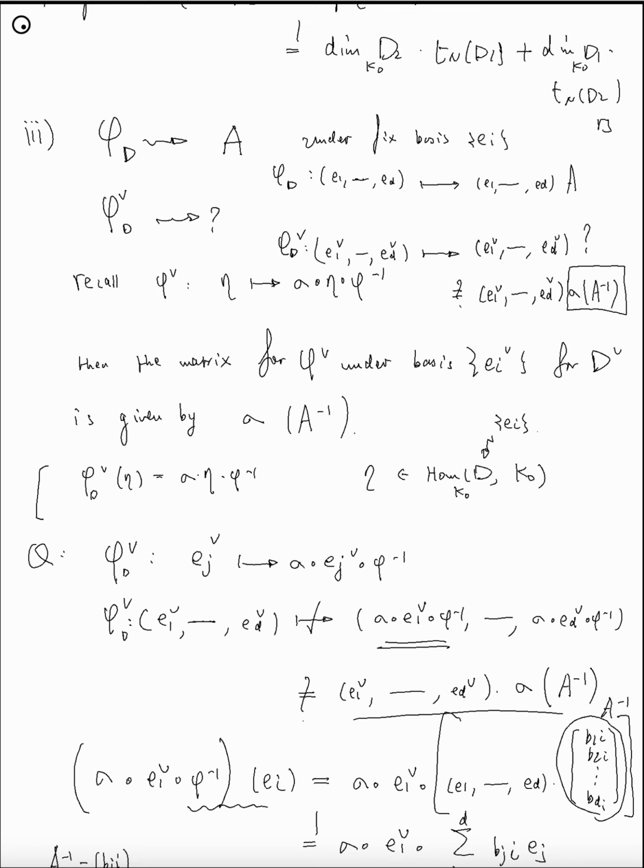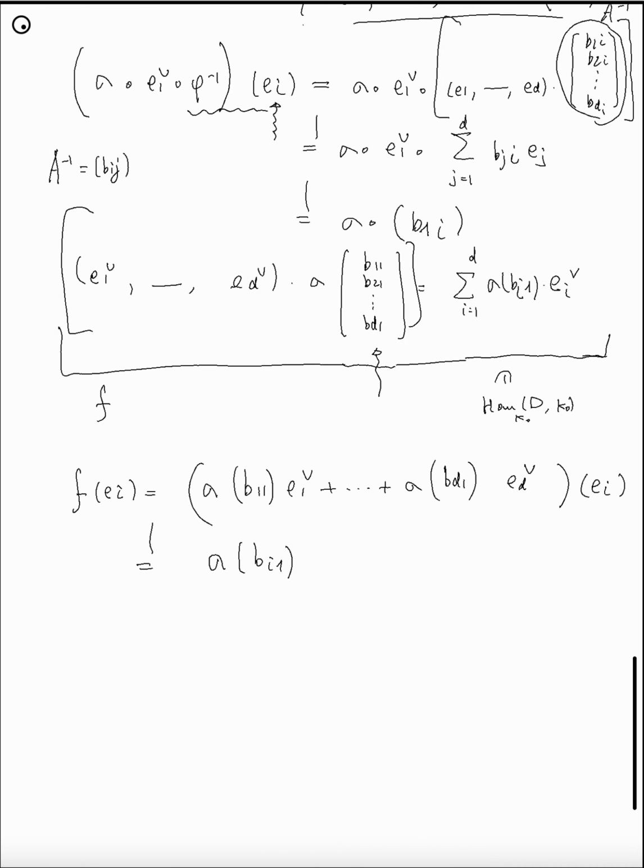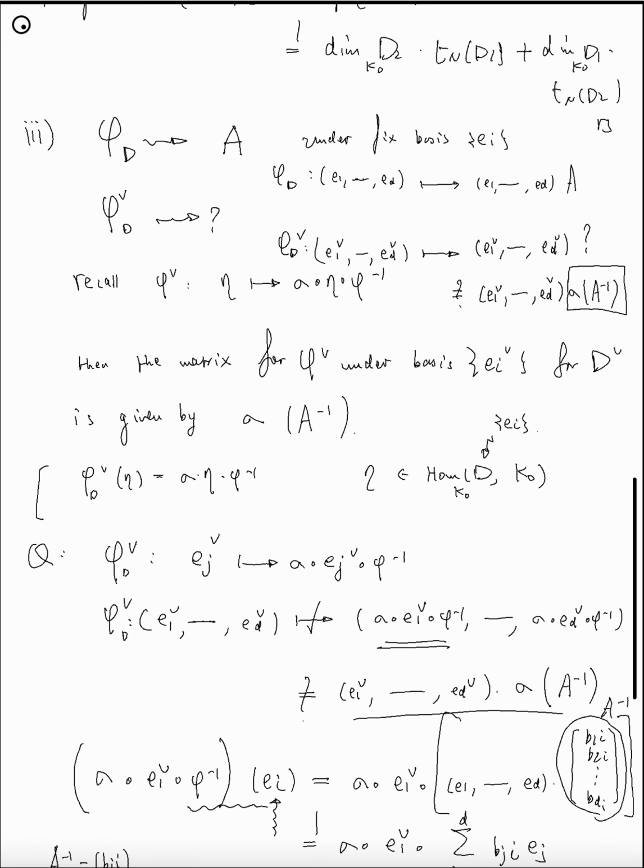But we're not picking the first; we're picking the I-th column. We're acting it on EI. This is the I-th column.